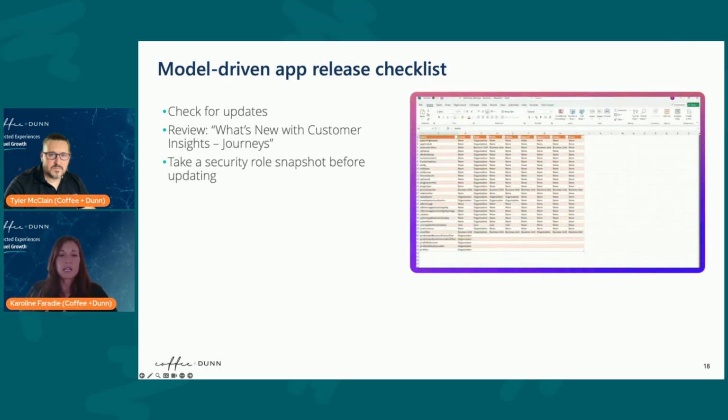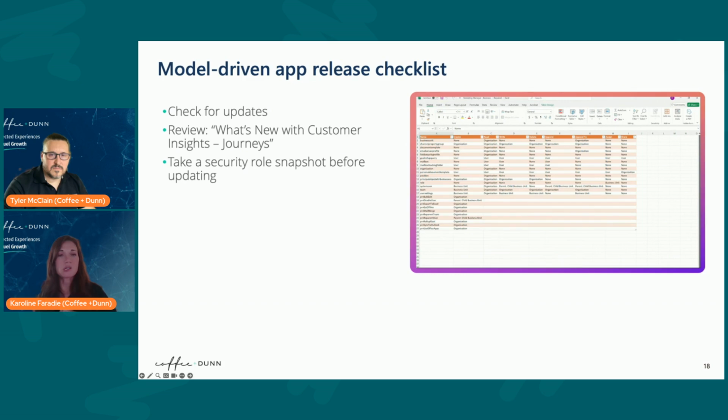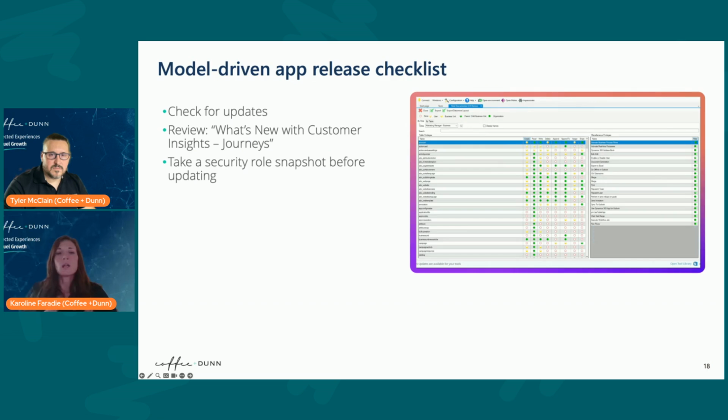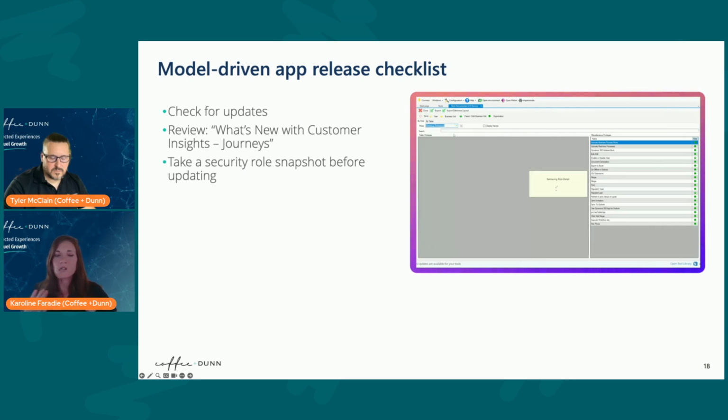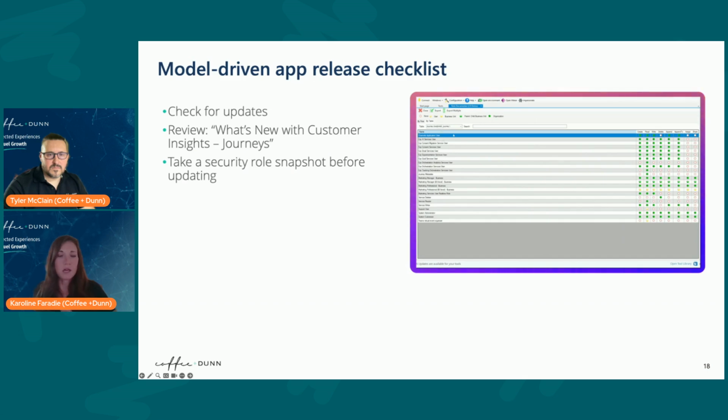Because once an update gets pushed, it allows us to quickly see if there were any changes to those security roles that we need to make to our custom roles. Because when an update gets pushed out, the update does not also get applied to our custom security roles. So we're always checking for that and being aware of that before we actually push an app release to one of the lower environments.